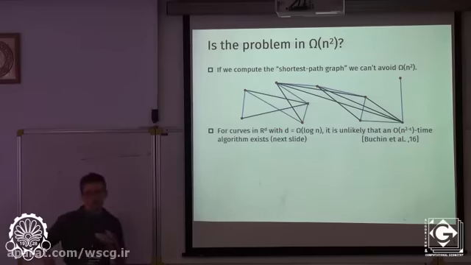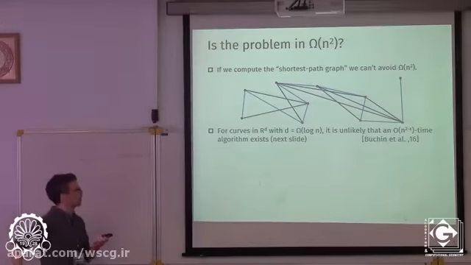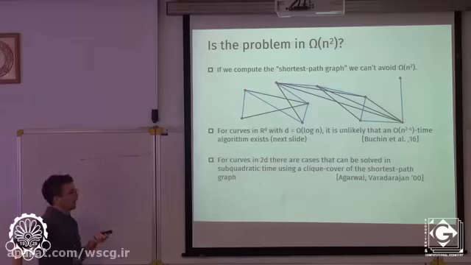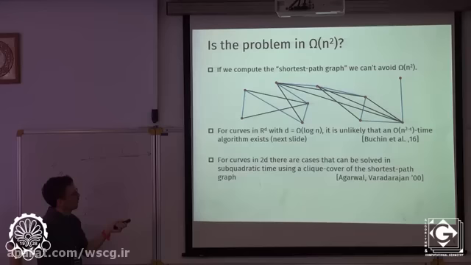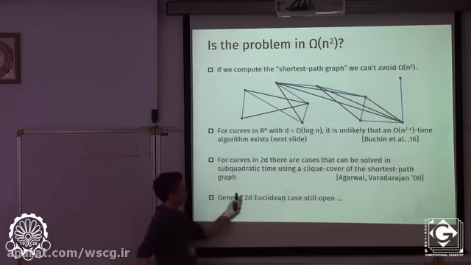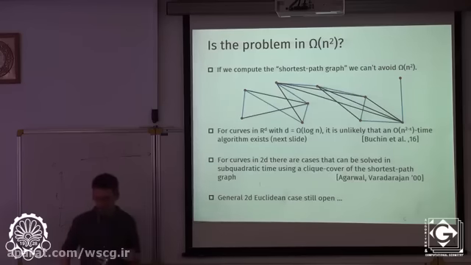Again, this is under the strong exponential time hypothesis. But it is interesting to know that in 2D, if you're looking at polyhedral distance measures, then you can get subquadratic time algorithms. But that is for polyhedral distance measures. For the Euclidean case, that's still open.